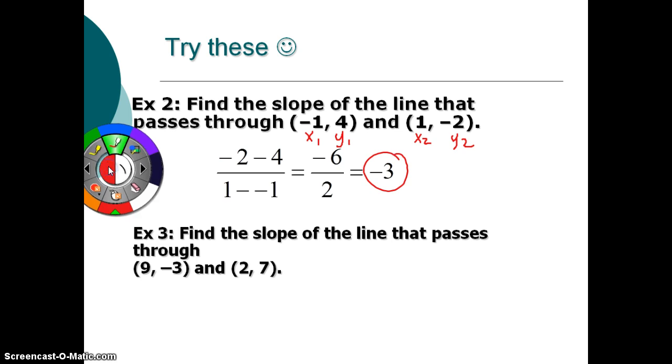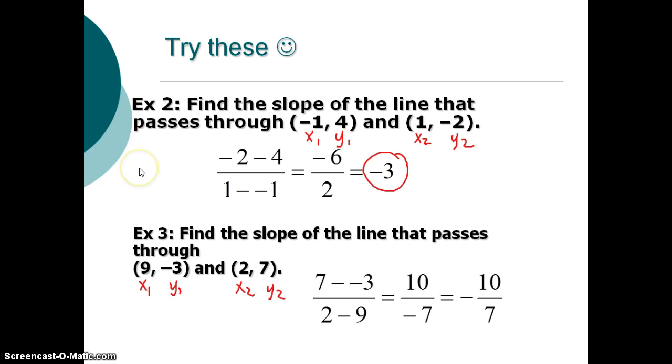On the second one, find the slope of the line that passes through 9, negative 3, and 2, 7. So we have x1, y1, x2, y2. We put our change in y's over our change in x's. So we have 7 minus negative 3 over 2 minus 9.